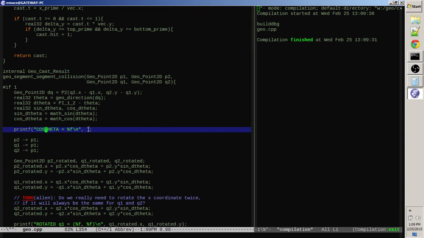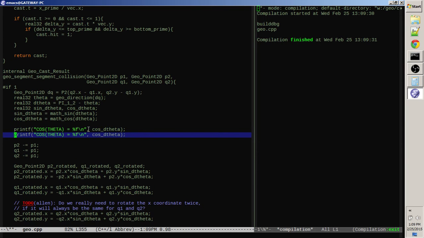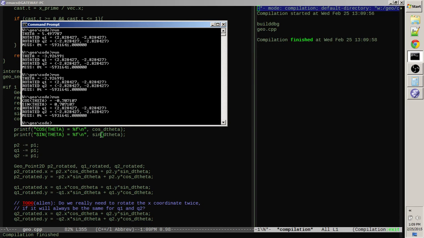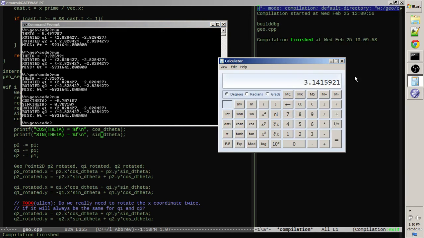Cosine of theta, cos d theta, and then we want the sine of theta, sin d theta. Oops, wrong one. So it's coming out as -7 and positive. So those should both be.